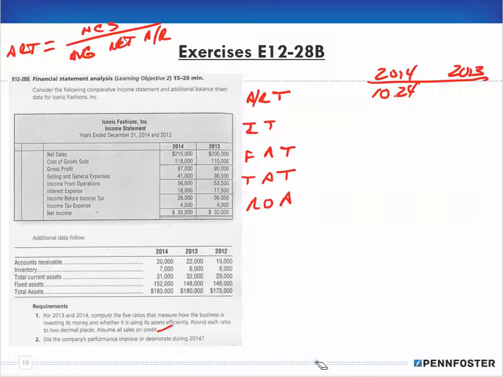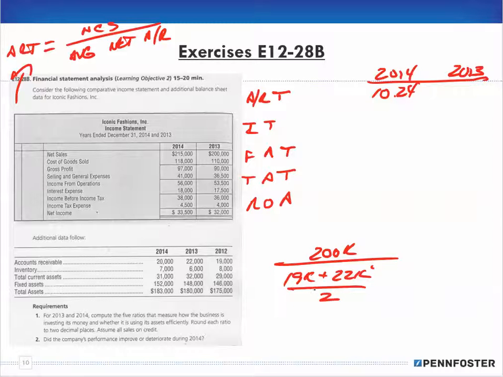For 2013, we start out with 200,000 as our net credit sales, and once you know how to do this, it is just repetitive work. So I'm talking 19,000 plus 22,000, and that's all divided by 2, and that's equal to 41,000 divided by 2, or 20,500.